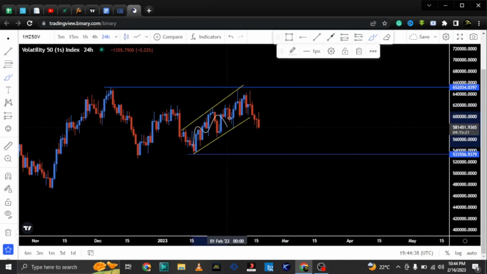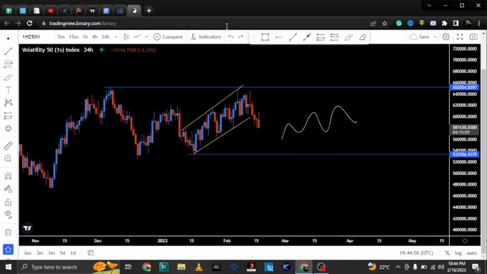So you can see that we're on an uptrend. Now we are moving back. Definitely we are anticipating for this market to move all the way to this level over there. So of course we are looking for selling opportunities. All right, we're looking for selling opportunities to the downside.